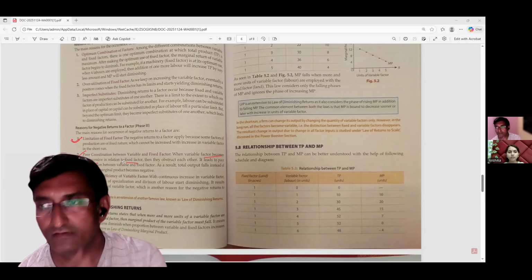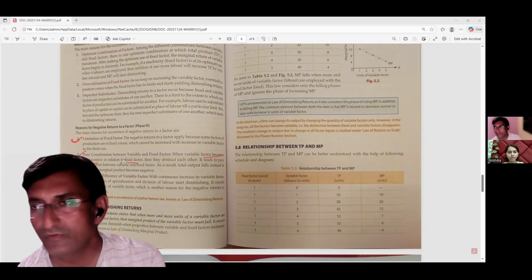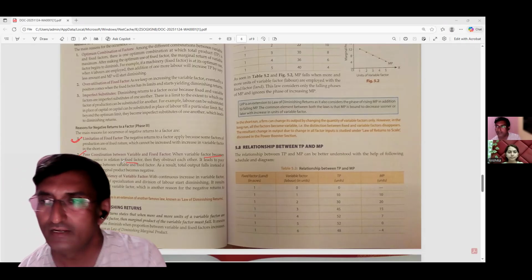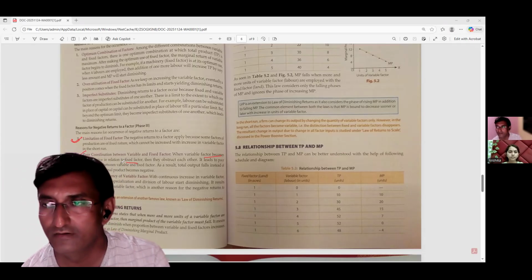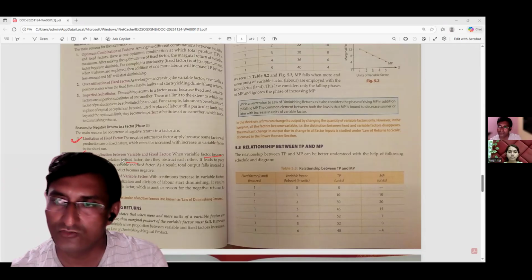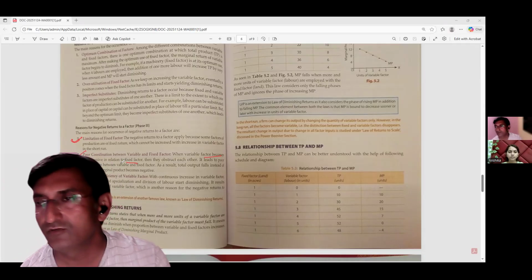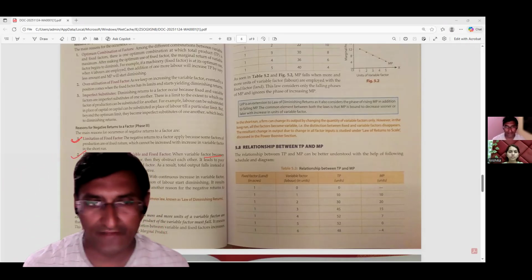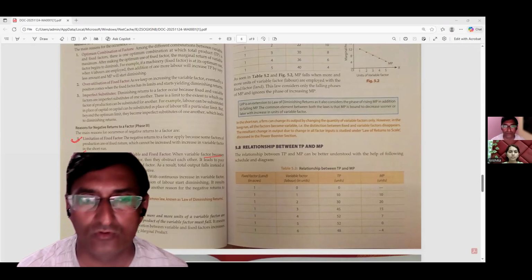They should be balanced. If you make excessive use of variable, the fixed is not giving maximum output. If you make excessive use of fixed, then the variable cannot give maximum output. So that is the basic reason behind the poor coordination and poor combination between the variable and fixed.